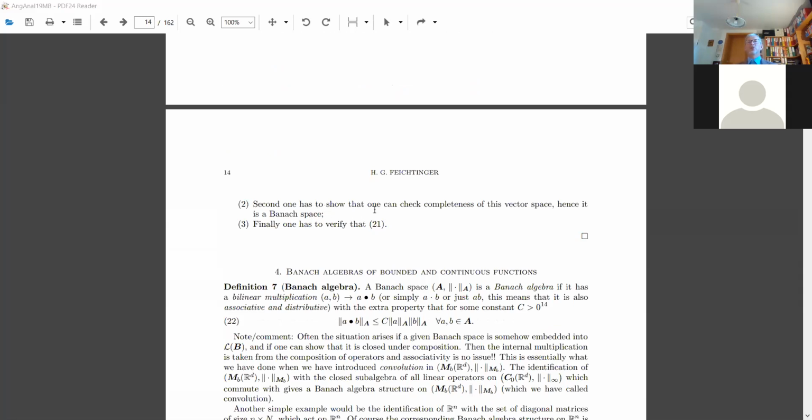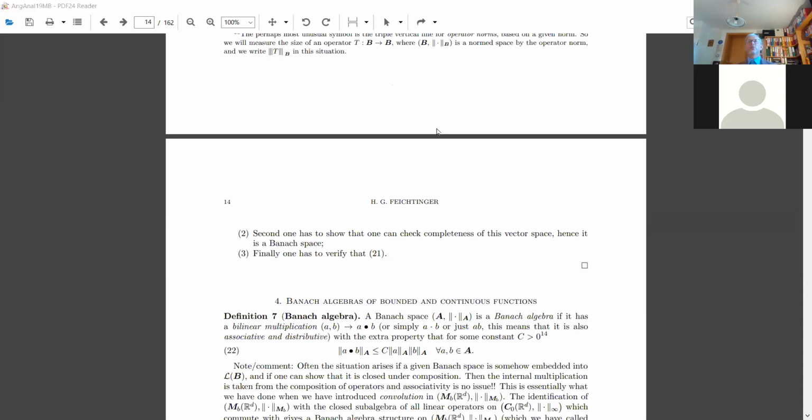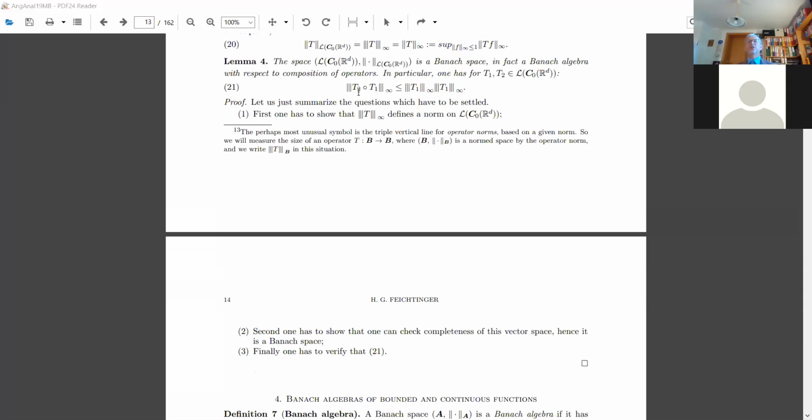Then you have to show, and that's very nice and very important, but we do not do it now, that it's also complete. So we have to discuss a little bit the concept of Banach spaces, Cauchy sequences, and so on. And finally, we have to verify that this property, the submultiplicativity, is okay. But this is more or less, if somebody tells you, well, I have two operators.